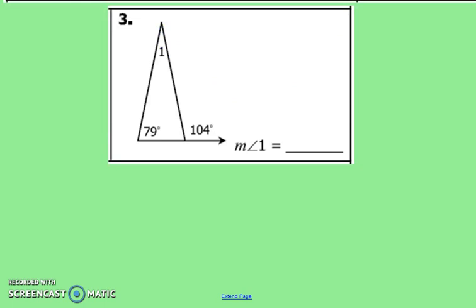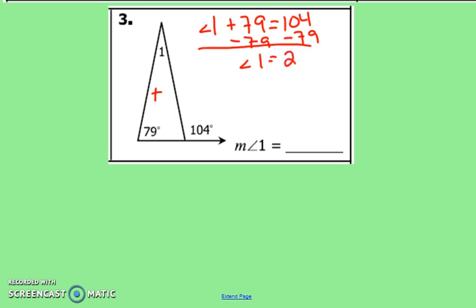If we look at example 3, now we have the one interior angle and we have the exterior angle. So again, these two added together give me my exterior. So angle 1 plus 79 equals 104. If I do basic algebra, if I subtract 79, angle 1 is equal to 25 degrees.